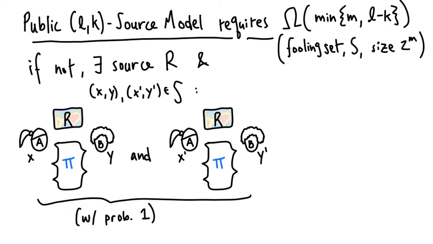The first thing we observe, which I won't go into detail about, I encourage you to look at the paper, but it's a simple combinatorial consequence, is that if this lower bound is violated, then there exists some source R which has sufficient entropy, and 2 pairs of inputs in the fooling set, such that Alice and Bob, given access to this random source R, always output this transcript pi on both pairs, with probability 1.